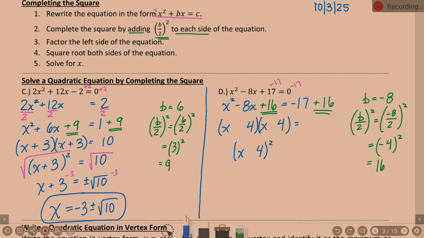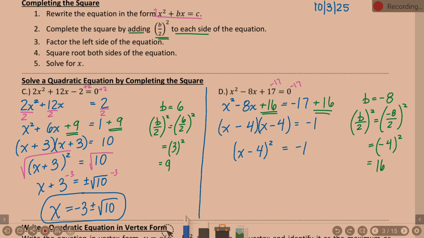What sign do I use? It's always going to be, how do I get negative 8? I'm going to need 2 negatives. So it's always going to be the sign in front of that middle term that you're going to put in both parentheses. And, did you clean up the right? Negative 17 plus 16 is negative 1.